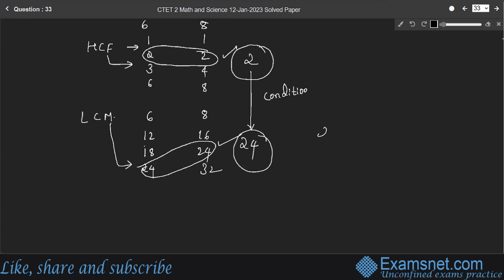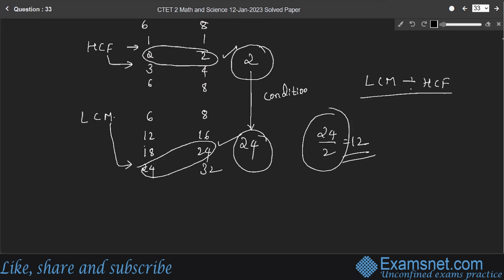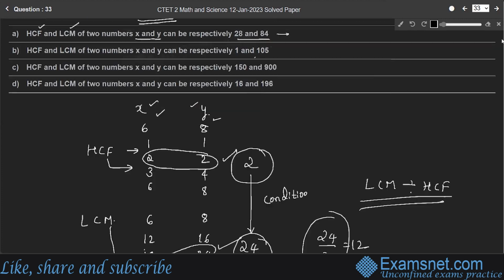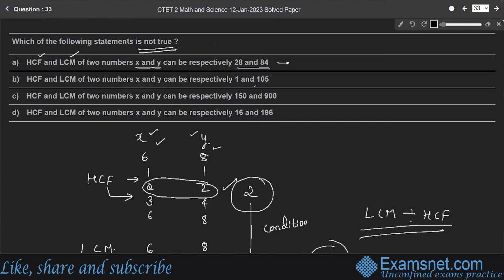Because 24 is divisible by 2, it gives 12. Therefore, the LCM should be completely divisible by HCF. Therefore, we'll consider the first option.